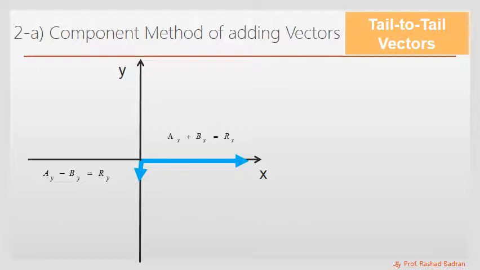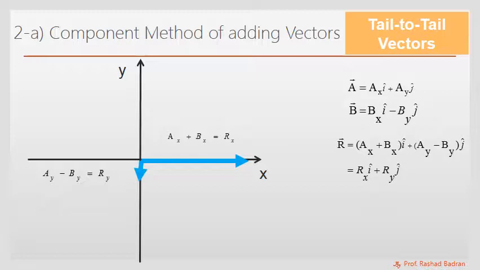Now, to find the resultant, there are two ways to write it. Either write the vector in terms of i hat and j hat, like this, by adding the x components from the equations. We'll get the same as what we have done on the diagram, so Rx and Ry in this notation and this representation of the vector.